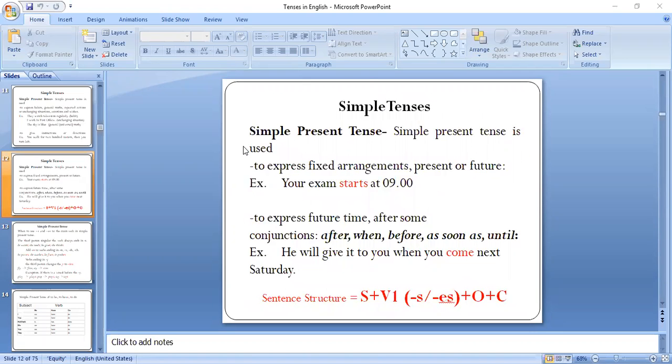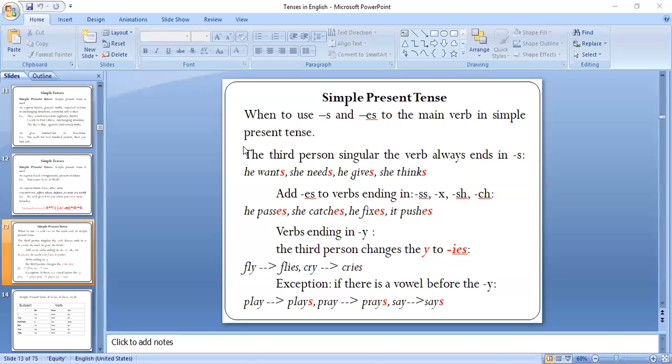Then we saw that there are different rules for the addition of the suffix, s or es. When to add s and when to add es depends on the spelling, the ending alphabets present in the verb.